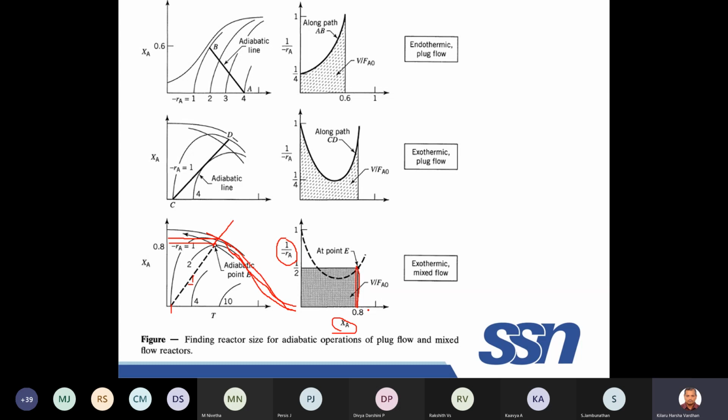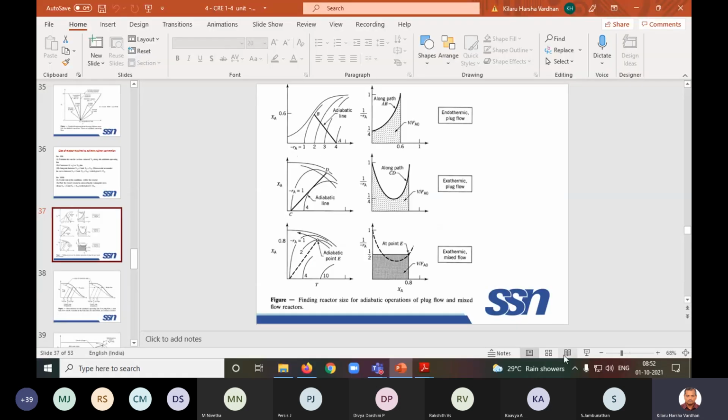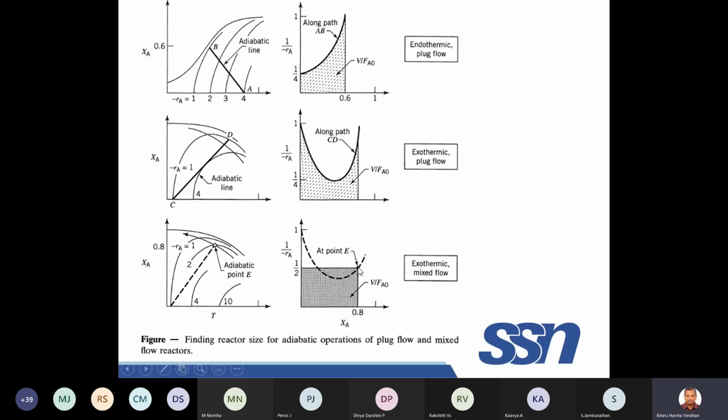In PFR, what you do is put the area under the curve, the area under this particular curve till whatever value you want. But in MFR, what you do is, it is not an area under the curve. At this particular point, you draw a horizontal line and a vertical line.